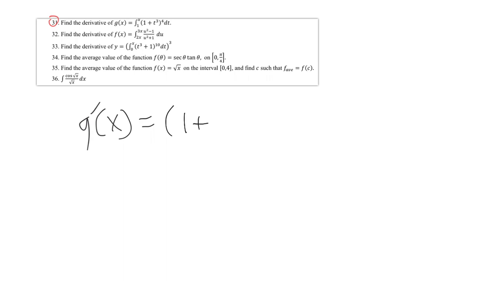So this would just be 1 plus x cubed to the fourth. And you are actually done, okay? Taking the derivative is the inverse operation of taking the integral or the antiderivative. So for that reason, we can substitute that x in here, and then we would call it a day, actually.